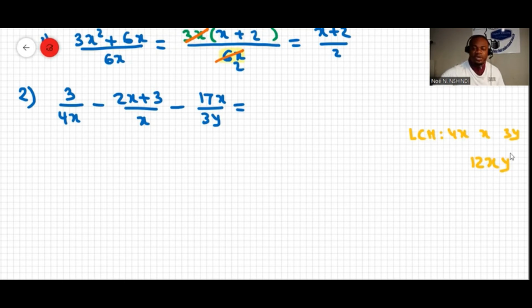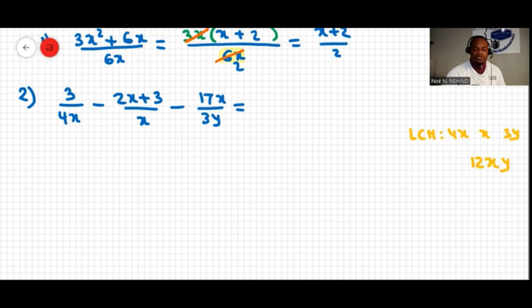So 12xy is our lowest common multiple. If you're struggling with this, you must check our videos on how to calculate the lowest common multiple. So this is 12xy. In this case, you need to make each denominator equal to 12xy.